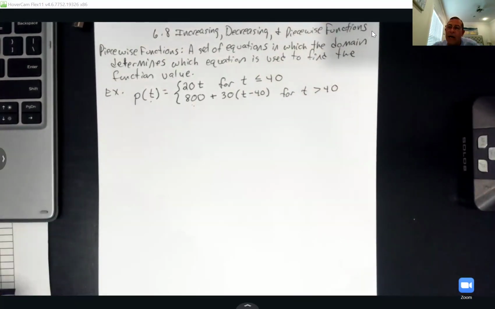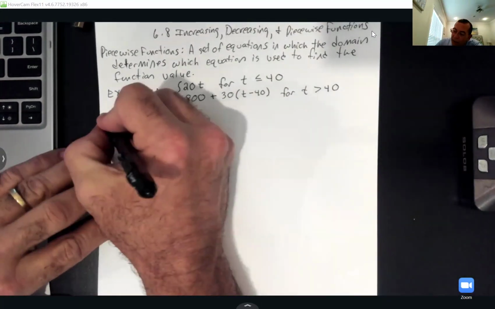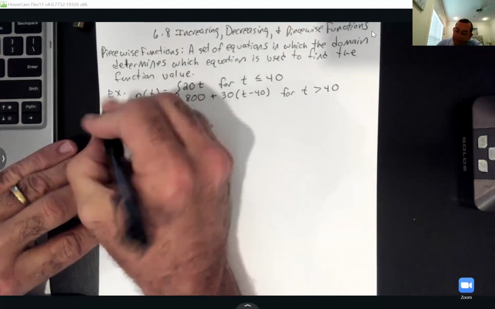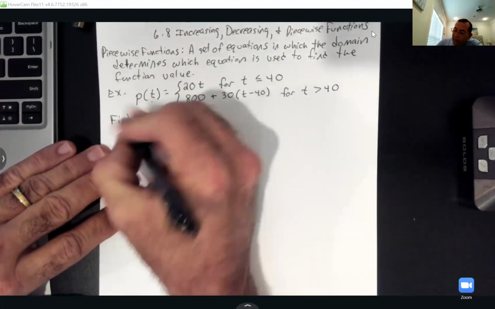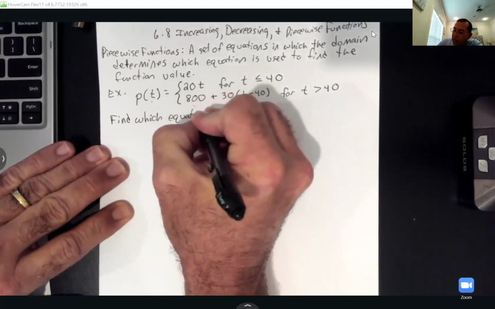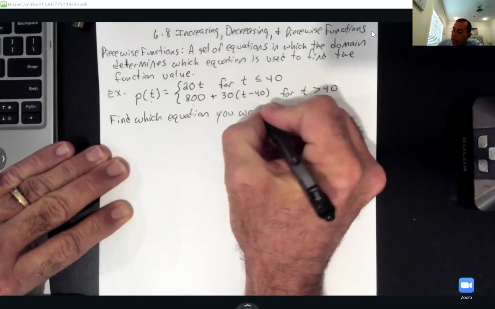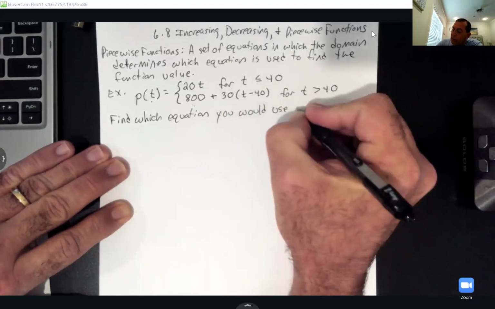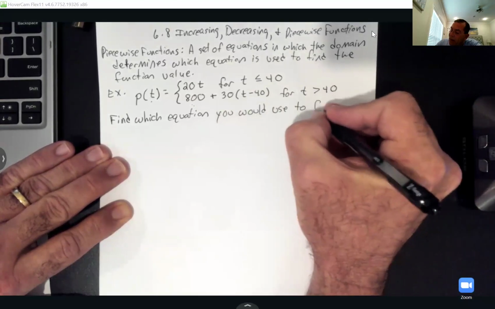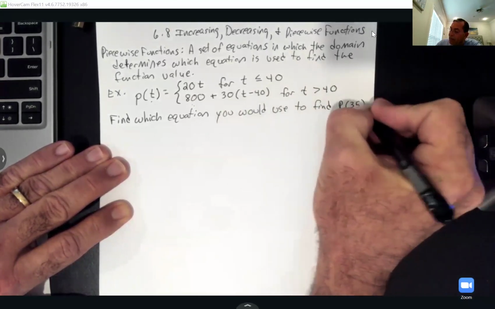So y'all, this is a real nice piecewise function. So when they start out, they're going to give us questions like, find which equation you would use to find P of 35.